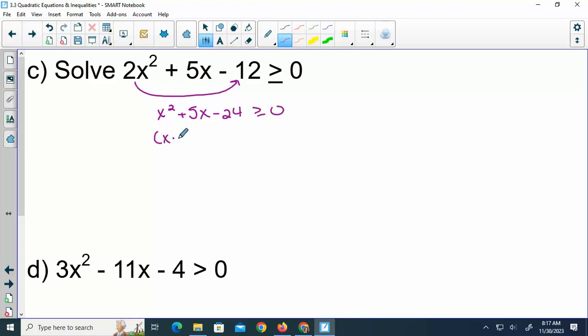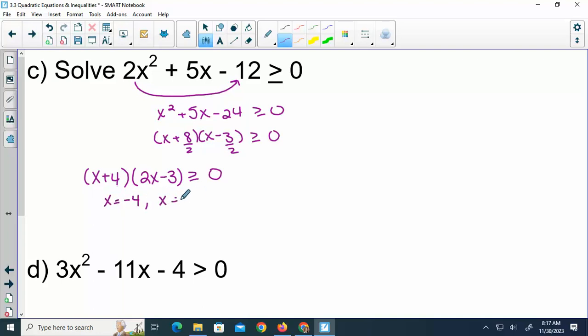So then that factors into x plus 8, x minus 3. Have to divide by 2. So x plus 4, 2x minus 3. We set those to 0. We get a -4 and a +3/2.